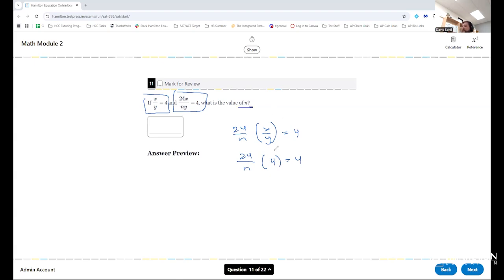Now we're solving for n, so let's start separating it apart. So 24 times 4 is equal to 4n. And then we divide both sides by 4 to get the n by itself, and we're left with n is equal to 24. Another way you can reason it is that if x over y equals 4 and 24x over ny is equal to 4, that means 24 over n must be equal to 1. So n is 24.